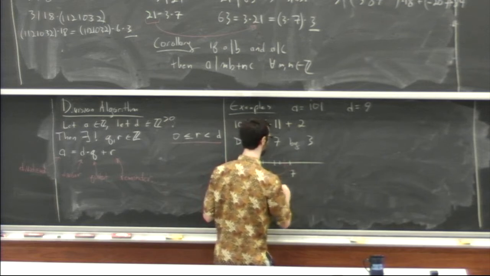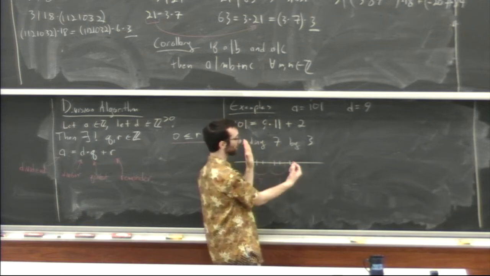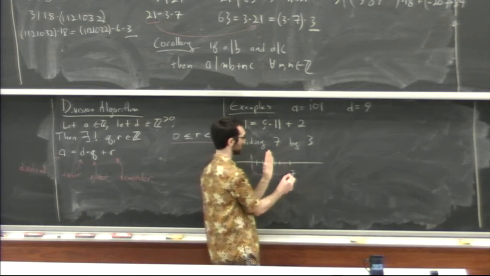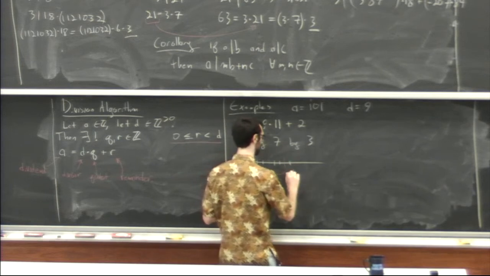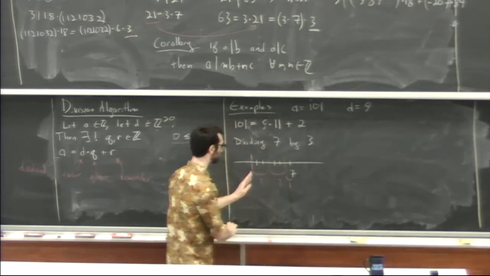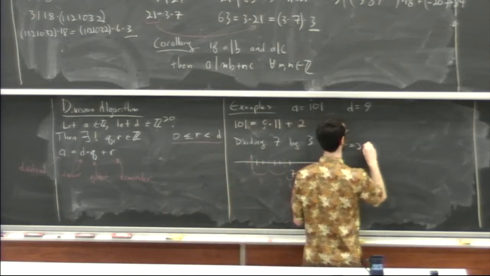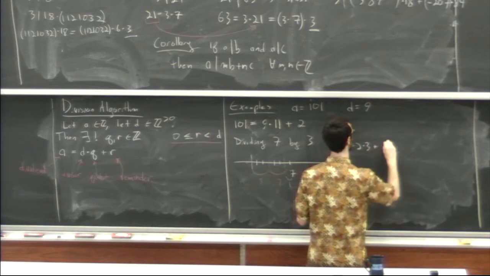So 3 here, there's a 3 here. I get as close to 7 as I can underneath, namely 6. And then the remainder, what's left over, is just this 1. So this is the visual picture for writing 7 is equal to 2 times 3 plus 1.